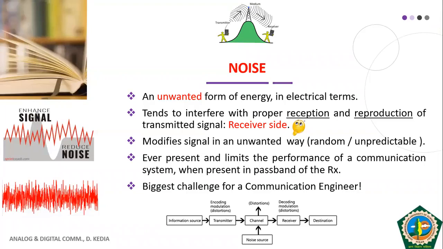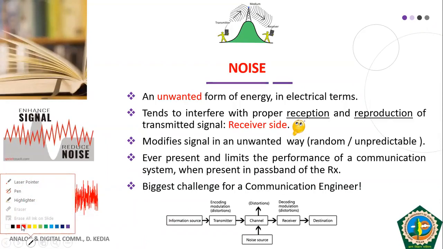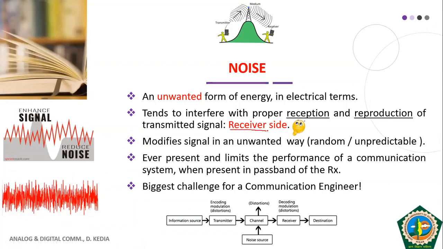In case of our electrical transmitted signal, noise interferes with the proper reception and the reproduction of the transmitted signal. Here you must notice the word receiver. Noise has the greatest role at the receiver side.